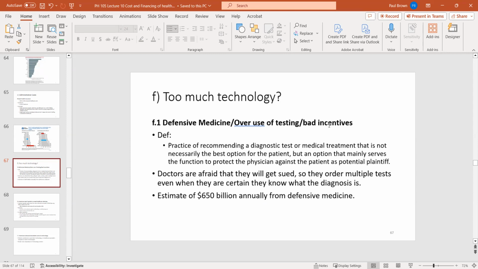So if someone goes to their GP and the GP orders the test, and then they go to the hospital, the hospital will probably just order a test anyways, because they may not be able to get access to the test results that the GP had. So the lack of information systems makes it hard to see what's defensive medicine versus what's just bad communication. But it definitely is a concern.